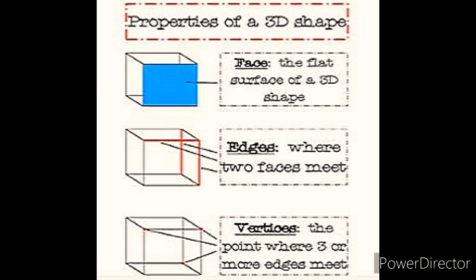Next to it is edges. You can see those lines pointing to the edges where two faces meet. That's what we call edges. Then the last one, vertices. That's the plural; vertex is the singular if it's just one. That's the point where 3 or more edges meet. So whenever you see that, you should be able to identify it accordingly.